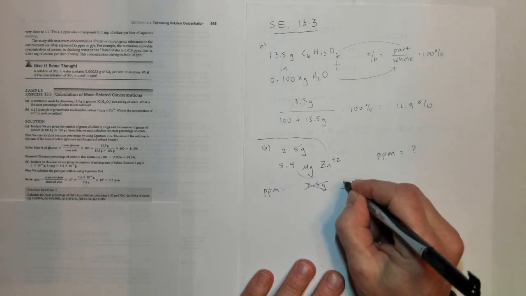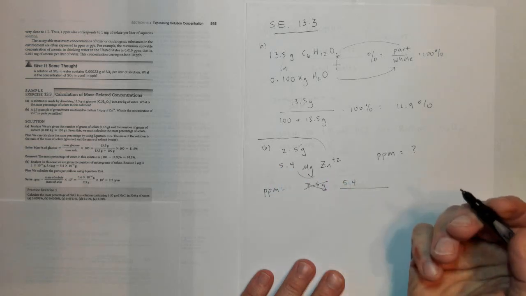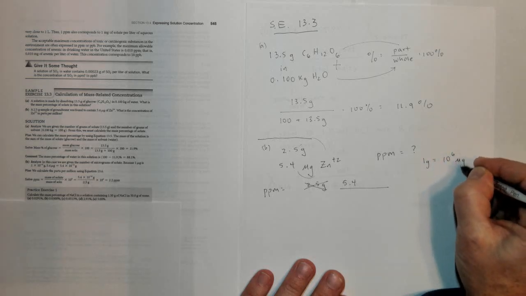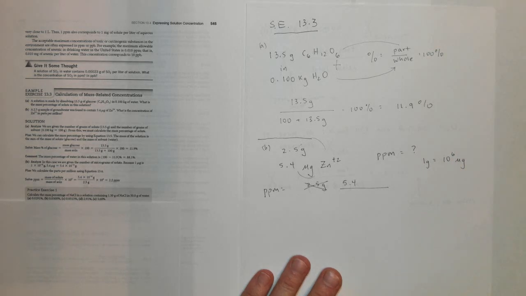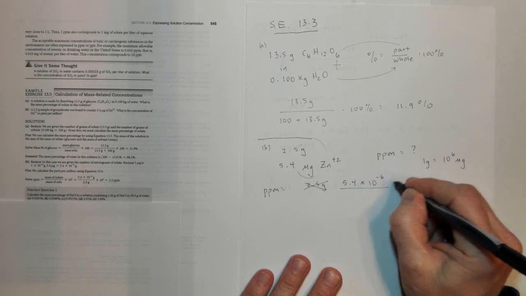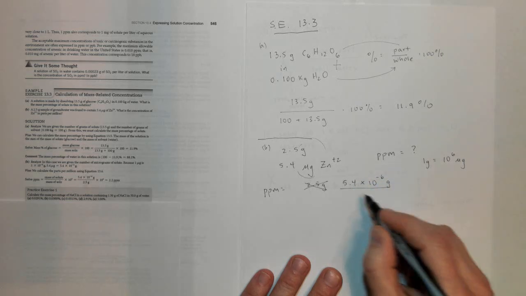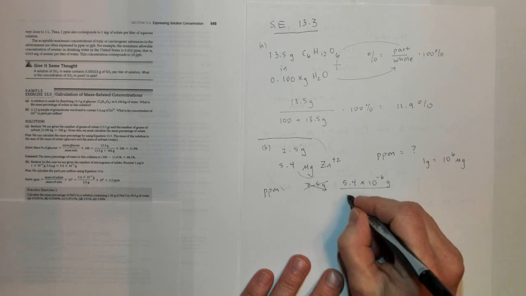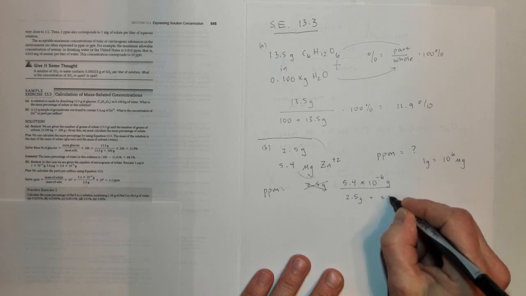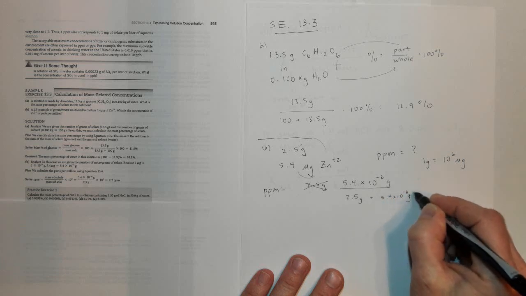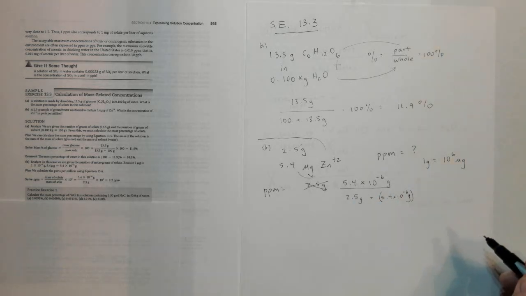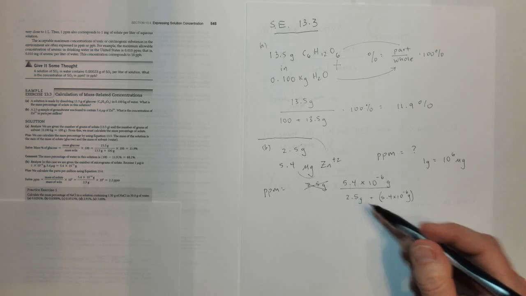5.4, and since this is micrograms, remember there are in 1 gram 10 to the 6th micrograms, because micro is 1 million times smaller than a gram. And so this would be 5.4 times 10 to the negative 6th grams. And then we would divide this by the whole thing, which would be 2.5 grams plus the 5.4 times 10 to the negative 6th grams. But this is assumed to be in this 2.5 grams because this was our sample of groundwater.